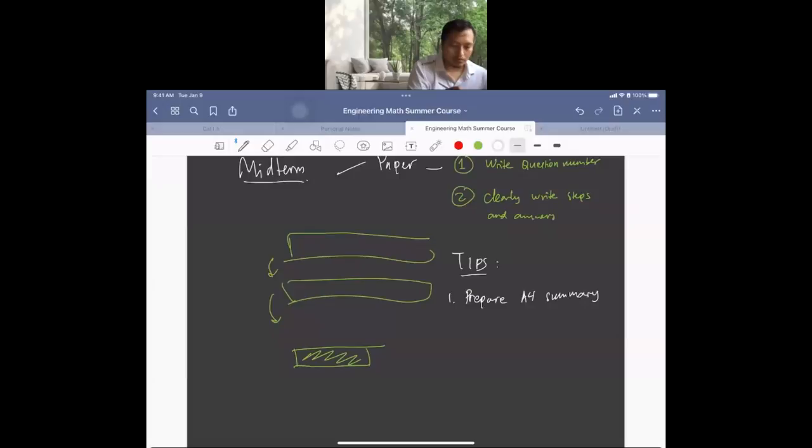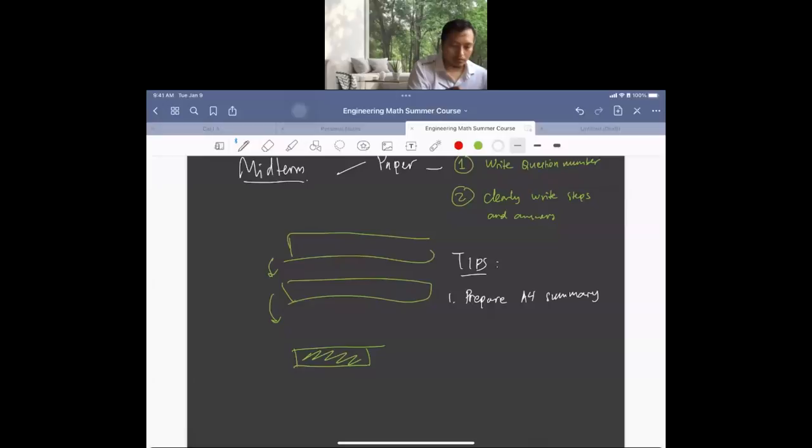My tip is, first, prepare an A4 summary, because I believe every one of you has a different take on notes, right? How you look at your course. Maybe you have a different understanding.